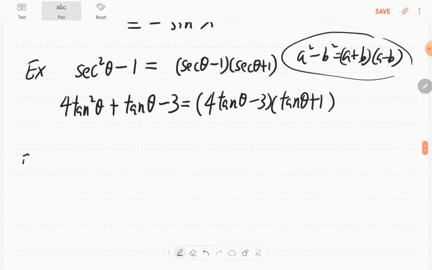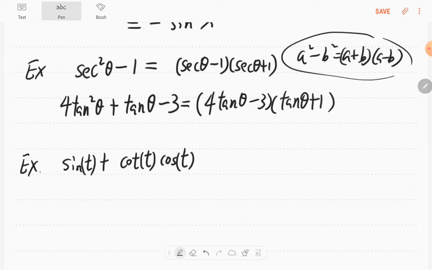Okay, another example, we want to simplify sine t plus cotangent of t times cosine t. So sometimes, in order to distinguish the function name and the input, we'd like to put the parentheses to represent this t as an input, right?